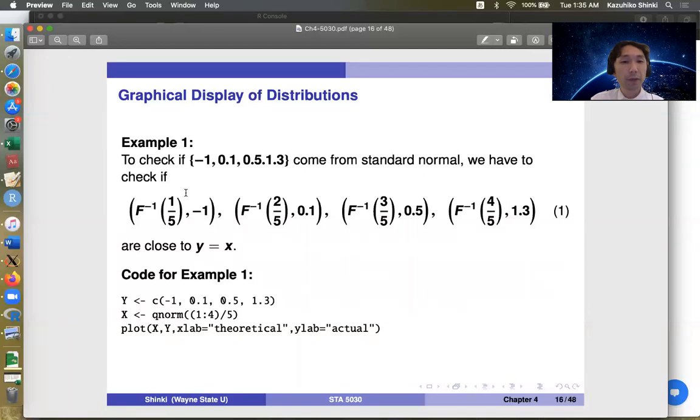If we pick a number randomly in the interval 0 to 1 and take F inverse of that value, that is a random variable.